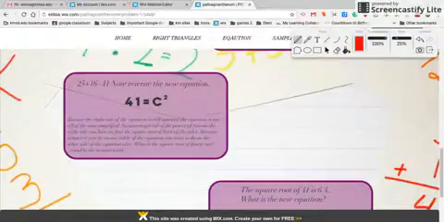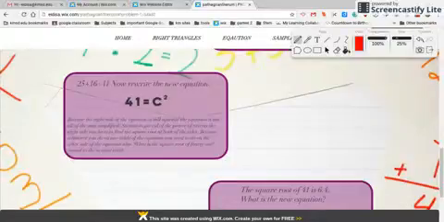Now, because we still have that power of 2 coming into play on the right side of the equation, we can't say that 41 equals c because that wouldn't be true yet. And we don't know what c is, so we can't simplify the right side of the equation any more without doing something to the left side.